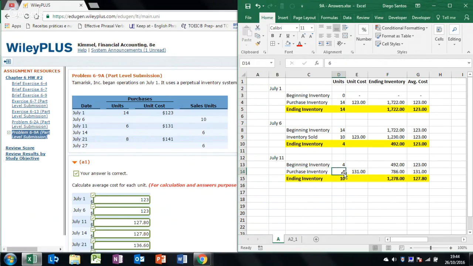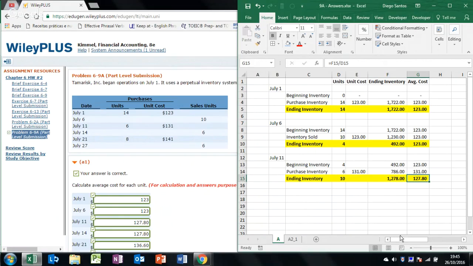Then 6 units are purchased at the price of 131, for a purchase amount of 786. To compute the average cost, we need to sum the beginning inventory and the purchase inventory and divide by the total units that we have on hand.